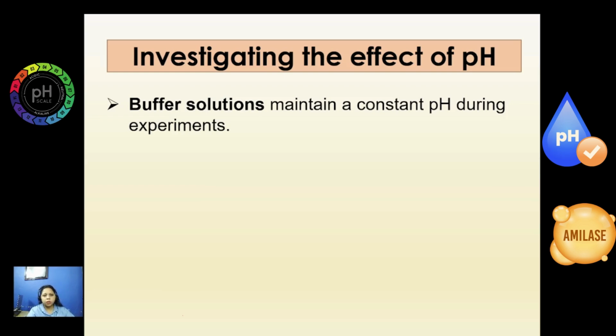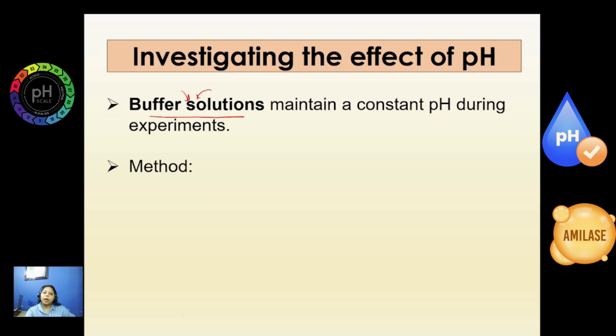A buffer solution is one which maintains its pH if there is an addition of acid or alkali, but in a small amount. We are not saying we are adding a very high amount. If there is a slight change in the external environment, the buffer solution keeps the pH constant, so that your reaction is not disturbed.